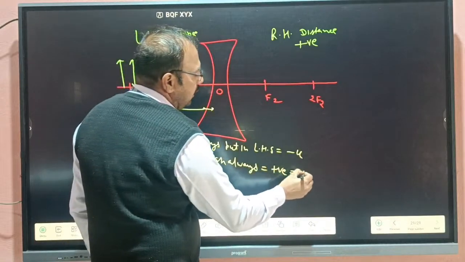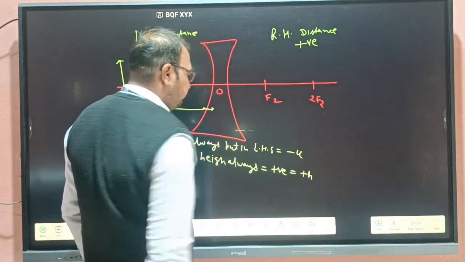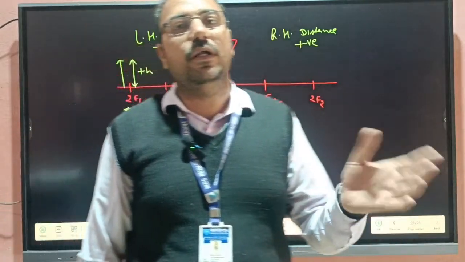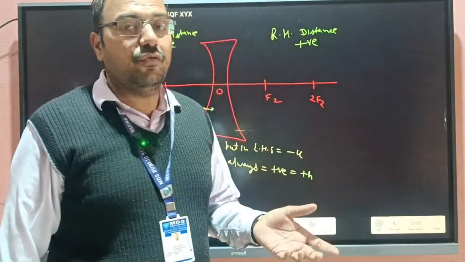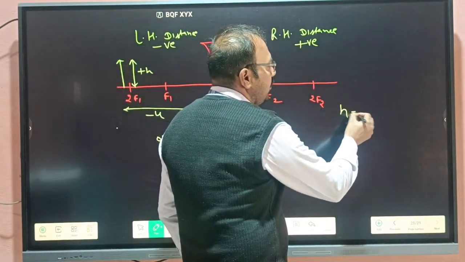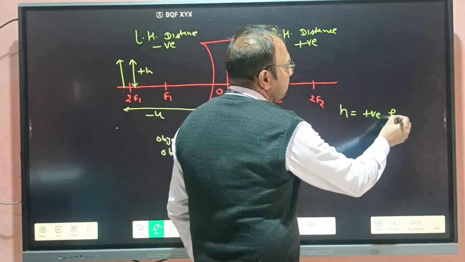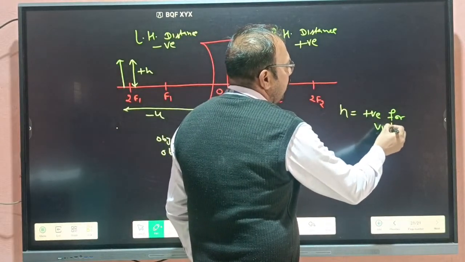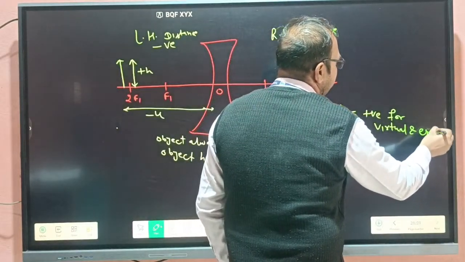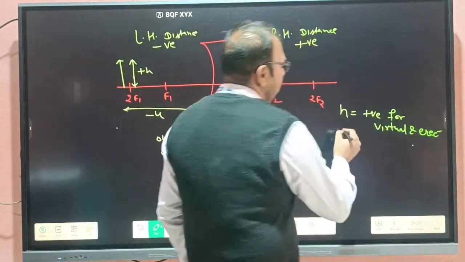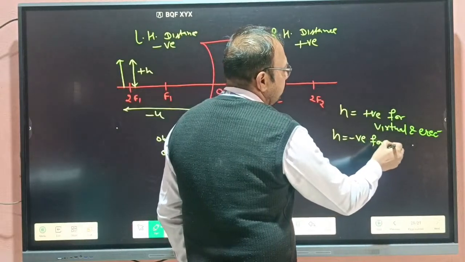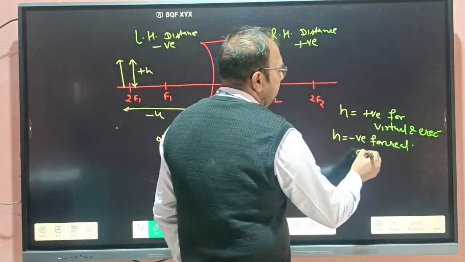However, the image formed may be real and inverted or virtual and erect. In the case of virtual and erect, H is positive, and H is negative for real and inverted.